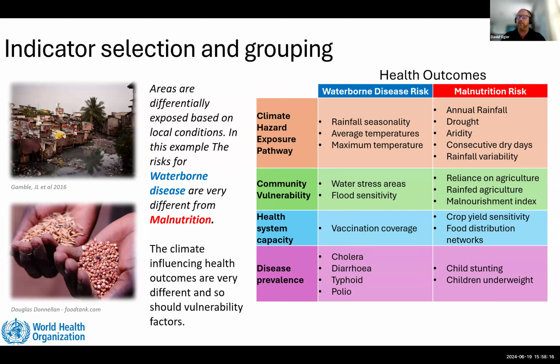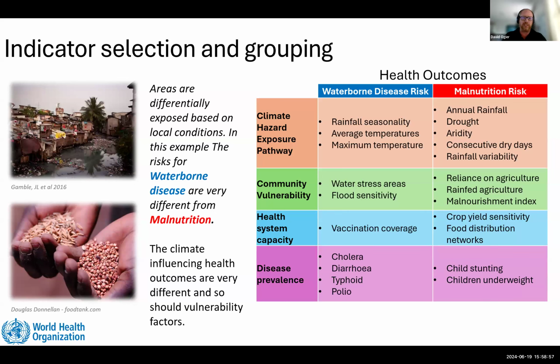malnutrition, for example. So it only makes sense that the indicators that go into calculating the different health outcomes, the waterborne disease risk and the malnutrition risk, should make logical sense in terms of reinforcing or decreasing that particular risk. If you look at the climate risks for waterborne diseases, you see things like rainfall seasonality and average and maximum temperatures, whereas malnutrition looks at annual rainfall, drought, aridity, consecutive dry days, and rainfall variability.